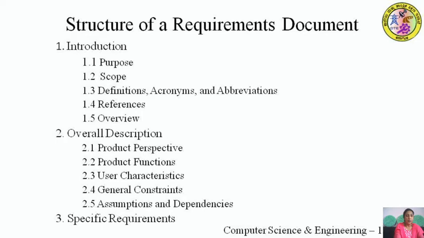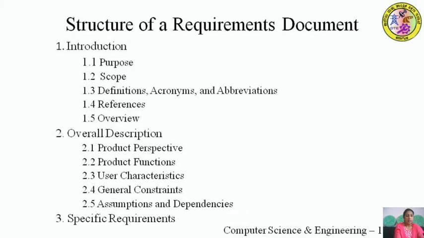The first two sections of the SRS are the same in all of them. The general structure of an SRS is as shown here. The first section is the Introduction section, which contains the purpose section wherein the motivational factors and business objectives are specified.